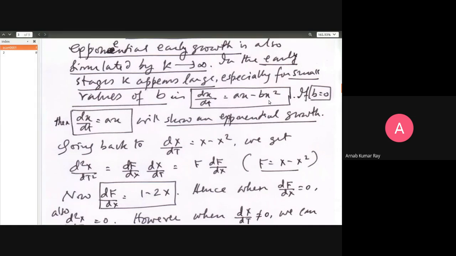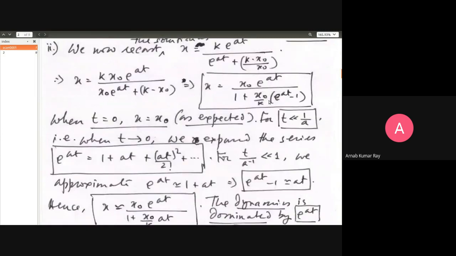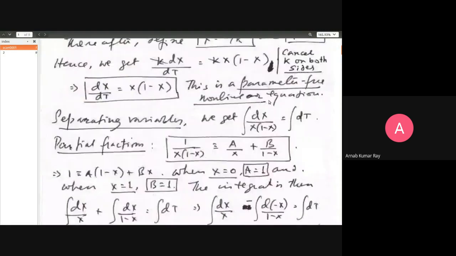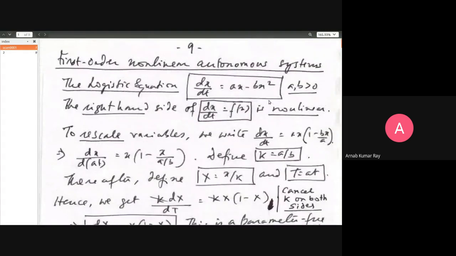By the way, let me remind you of something. In your mathematics theory problem sheet, I have supplied two sets of problems. The first set is on autonomous equations. Question 5 is this sort of equation, the ax minus bx squared form.